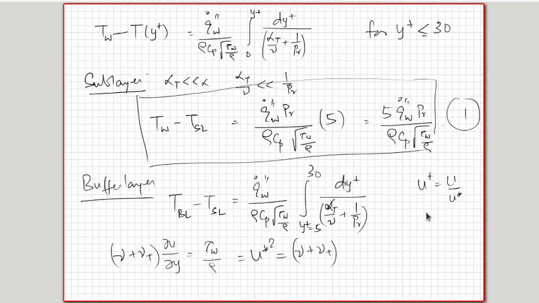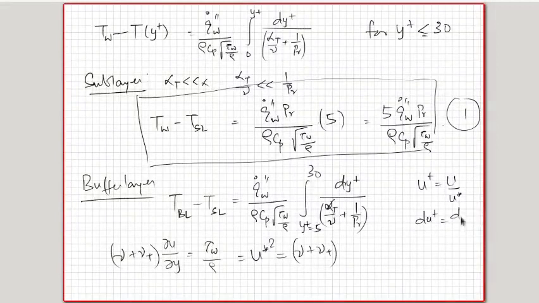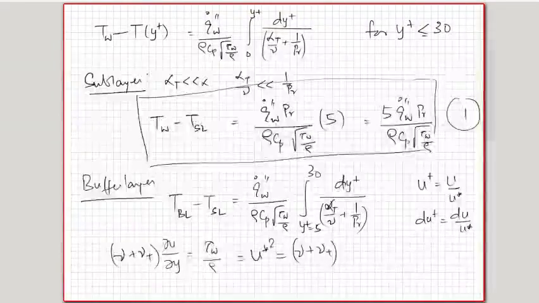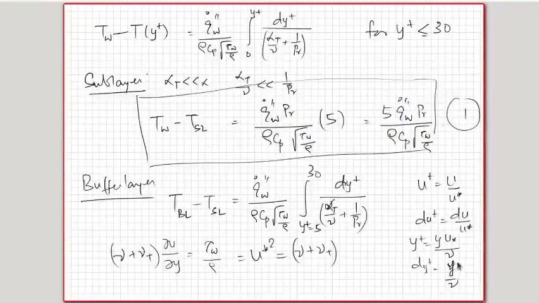So dU plus is equal to dU divided by U star. So I'll get a U star into dU plus here. Similarly, Y plus is equal to Y U star by nu. So dy plus is equal to dy into U star by nu.